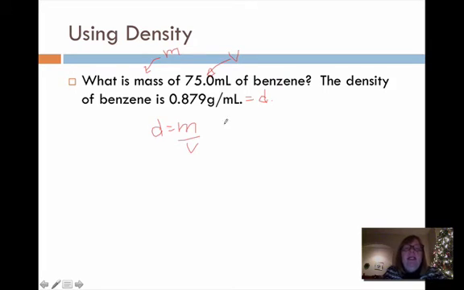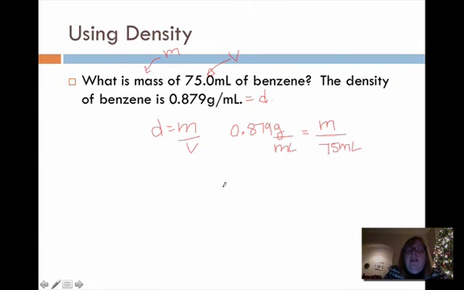Okay, so let's plug these numbers in. We've got 0.879 grams per milliliter as our density, which is equal to our mass, that's what we're looking for, divided by 75.0 milliliters. That's important.